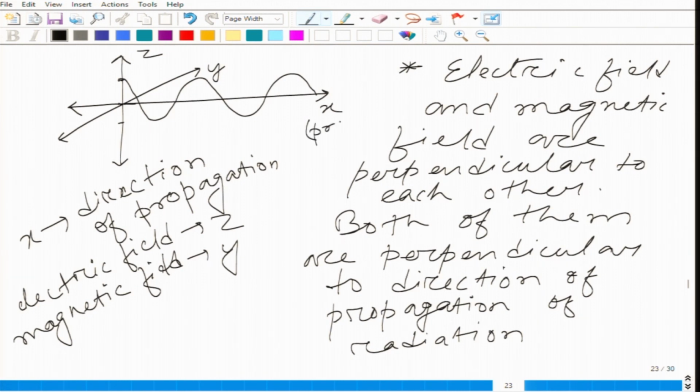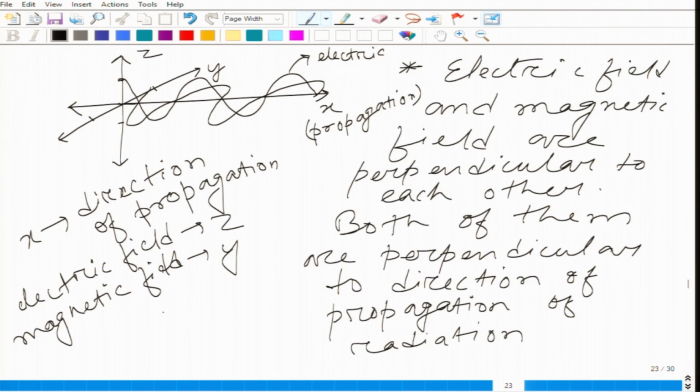This is the direction of propagation, this is the electric field, and this will be the magnetic field.